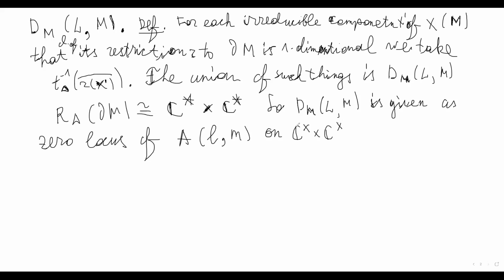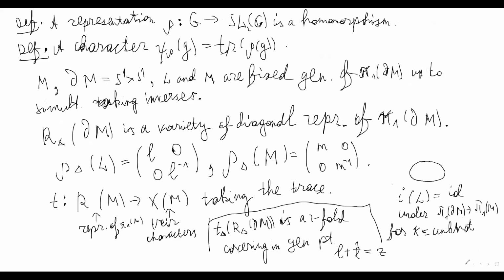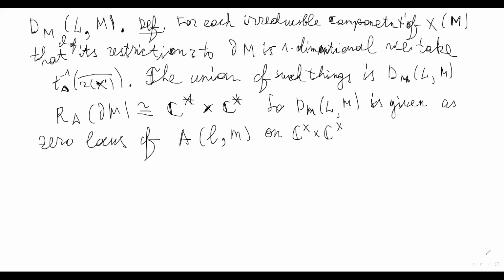Okay, so we have a character, so first we live in the space of characters. It is characters of representations: to elements of the fundamental group we assign traces of some representations.